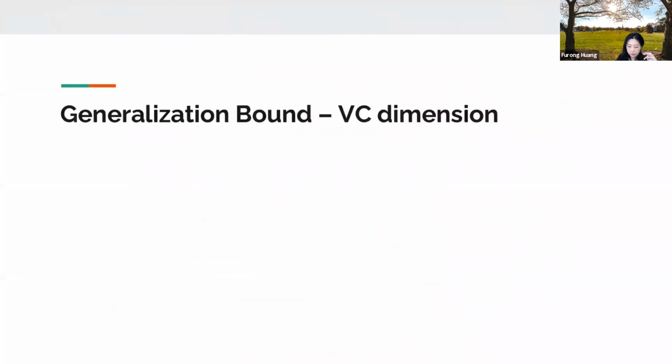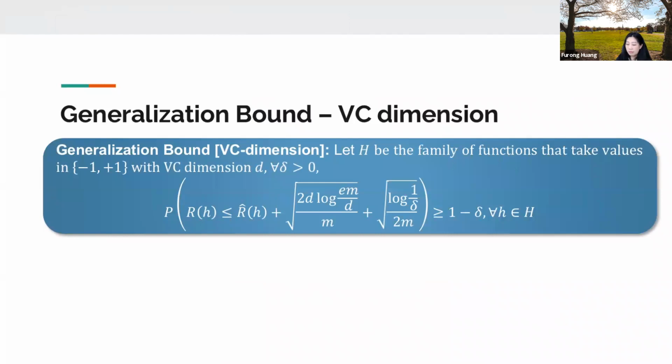So the VC dimension D is very different for different hypothesis classes. Therefore, to achieve the same generalization gap, you would need a different number of examples in your training data set.